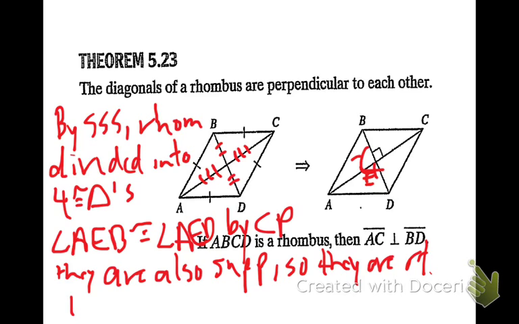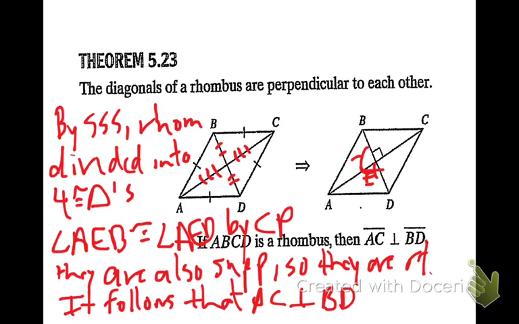It follows then that if that's a right angle, then we know that AC is perpendicular to BD. Okay, any questions there? No questions there, okay.